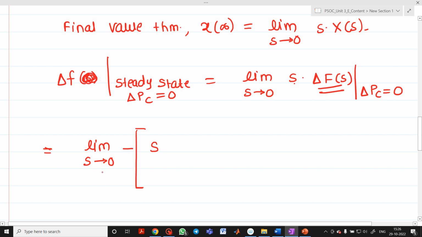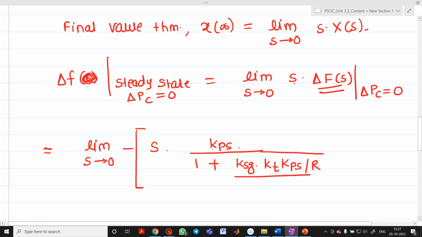So I will take minus sign outside here. So now how I can write it here? I can write it like this. It will be equal to kps upon 1 plus ksg into kt into kps divided by r whole divided by.